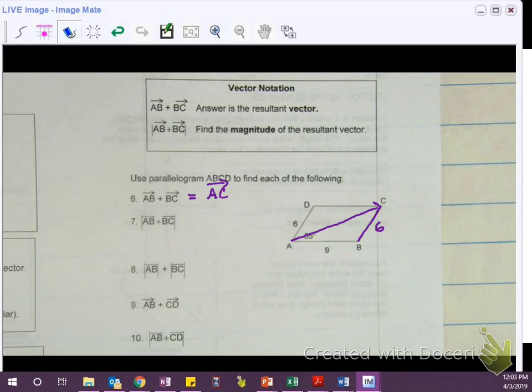This is not a right triangle. We can't just use the sides. We want the magnitude of A to C, which is the length of the resultant vector.